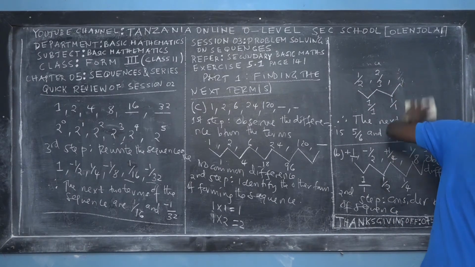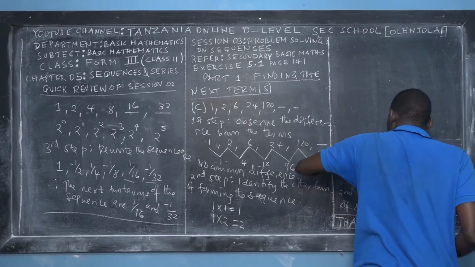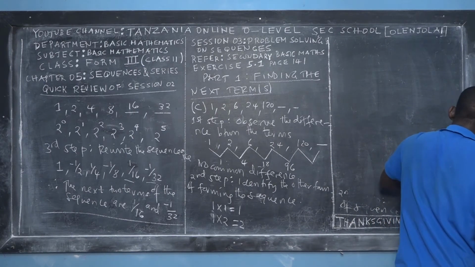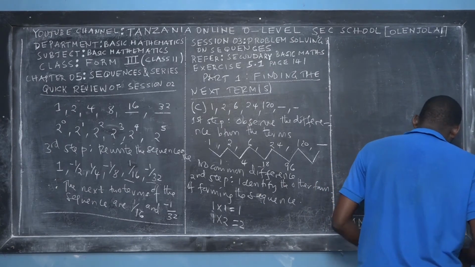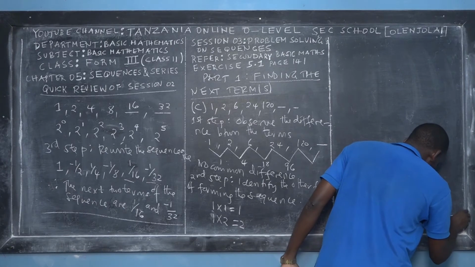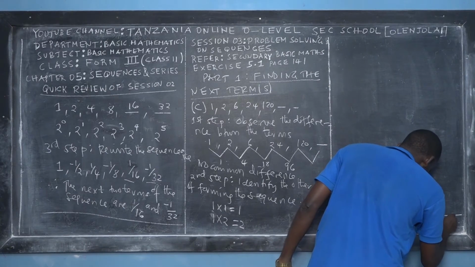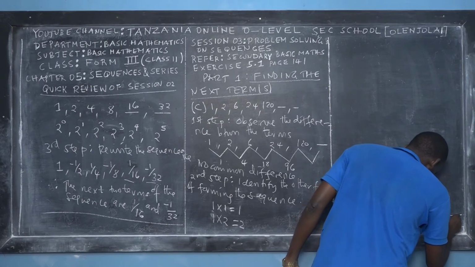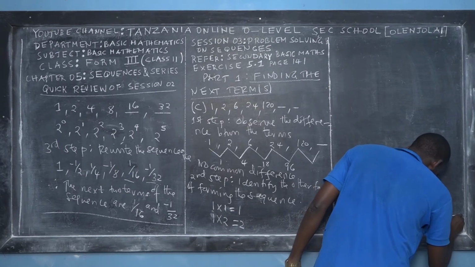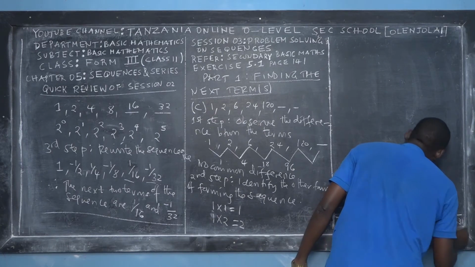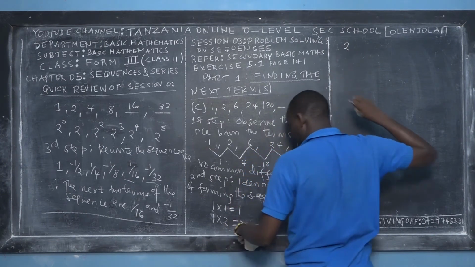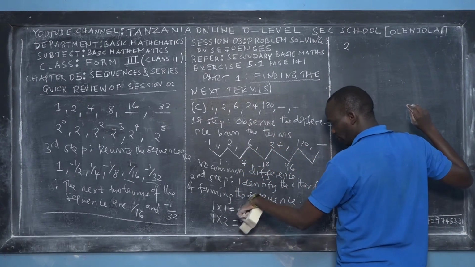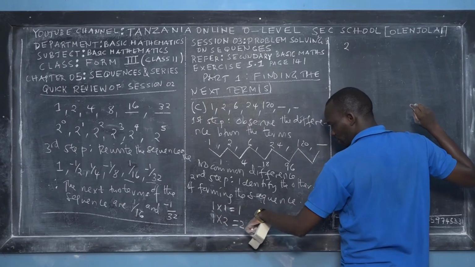So the next term, the third term, will be formed by the product of the second term and the next number. Here we took the first term, which is 1 times 2, we get 2.